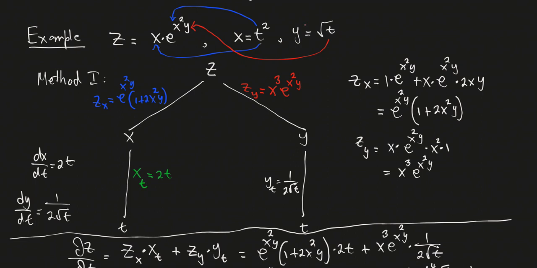In other words, why not write z explicitly as a function of t? So do this. Say that z is equal to t squared, and then e to the, do the same thing in the exponent, t to the 4th times the square root of t.